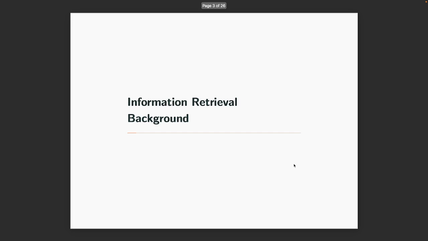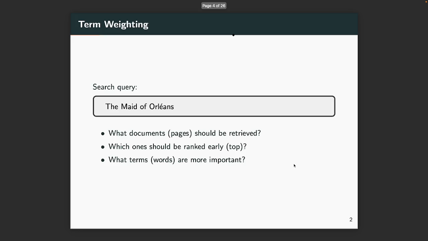But today let's start with the basic overview of information retrieval and what kind of role this notion of inverse document frequency plays. So let's get to it. What is information retrieval basically? I think this is something that everyone is dealing with every day.